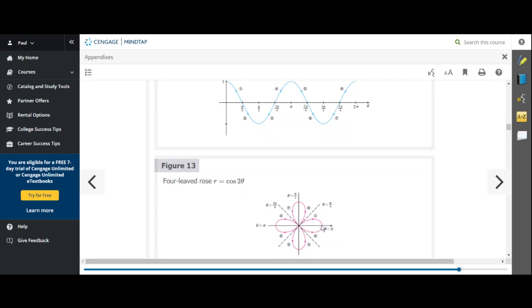If we start at theta equals 0, that part of the polar curve corresponding to 1 corresponds to our trig graph, because the radius starts out as 1, but it decreases to 0. So this is what's called a 4-leaf rose, and the first leaf, we get the top half of the leaf.